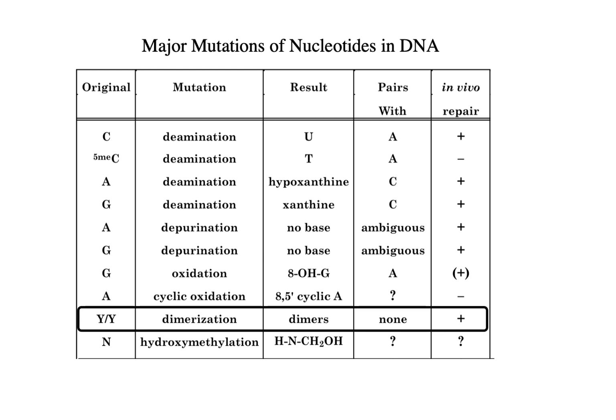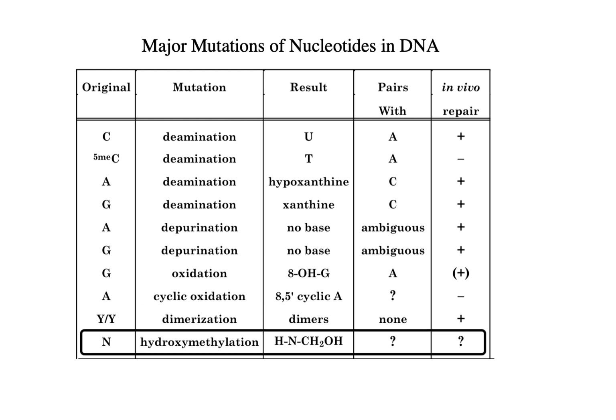And then there are pyrimidine dimers, primarily TT dimerization, and they don't really pair with anything. They cause a pucker in the DNA chain, but those do have effective repair mechanisms. And then hydroxymethylation of any of the nucleotides, and it's unknown what those will pair with and if there's any repair of those particular mutations.